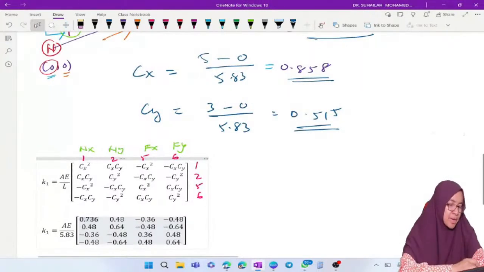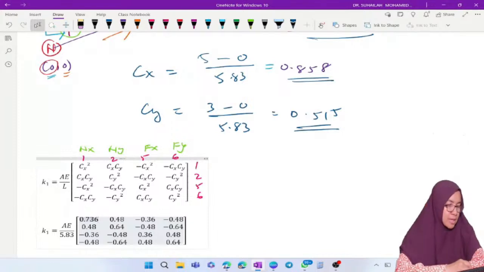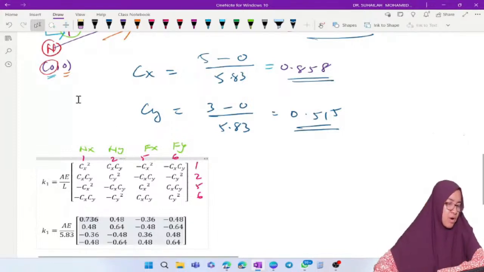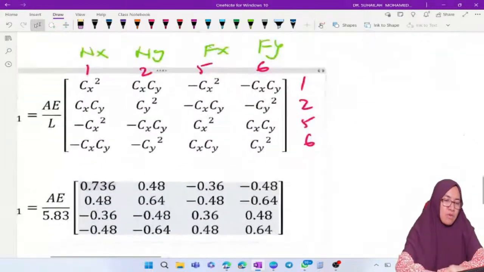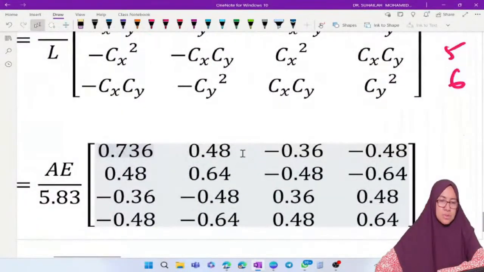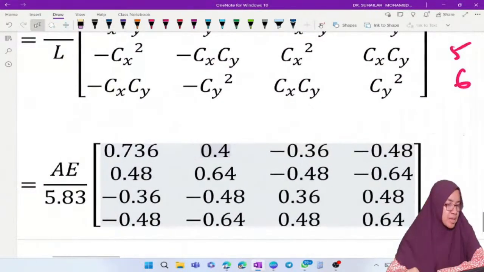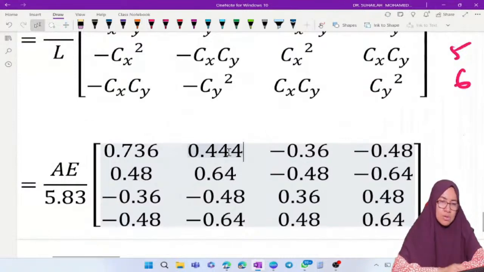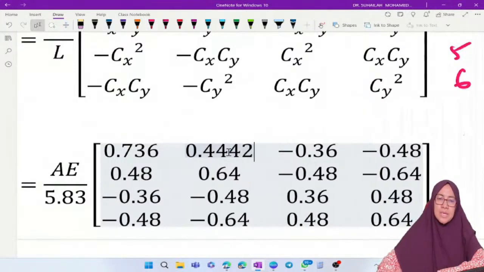Cx cy is 0.858 times 0.515. Please check together: 0.442.